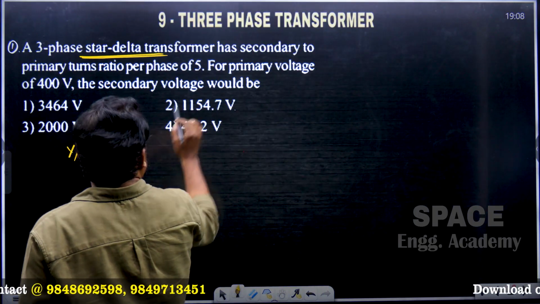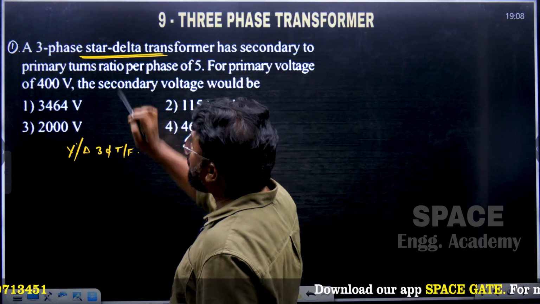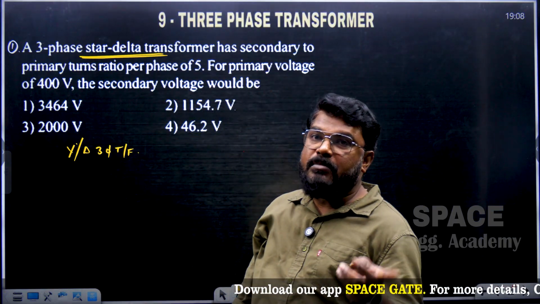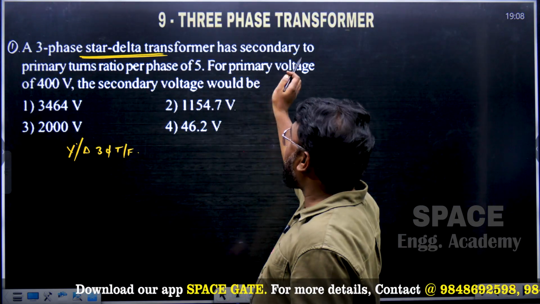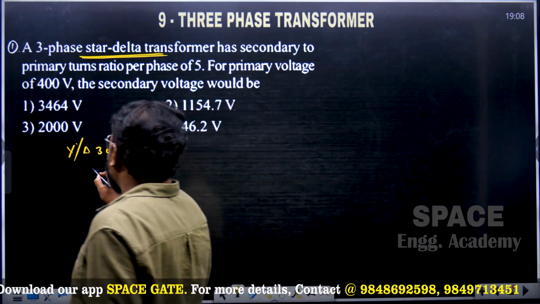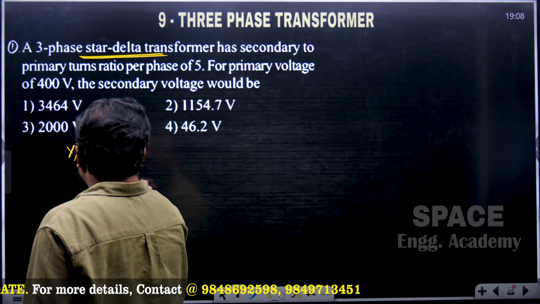Next, it is clearly mentioned as turns ratio from secondary to primary. Turns ratio normally means primary to secondary. If the question gives secondary to primary, then here N2 phase divided by N1 phase is equal to 5.